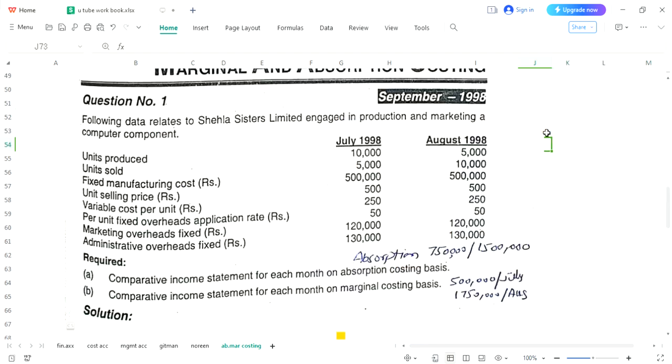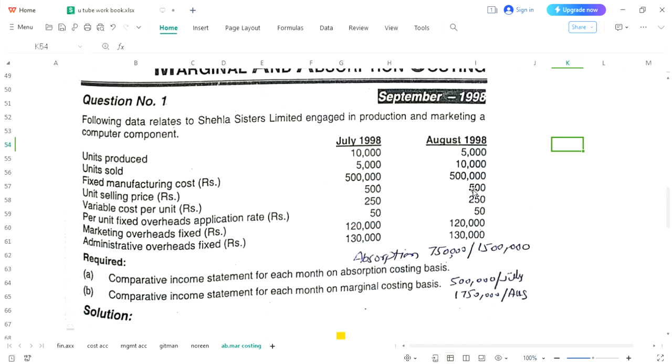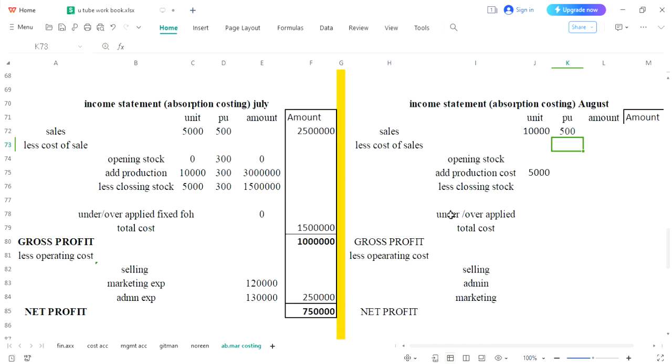Okay, let's go. Fixed cost which will be used indirectly. Unit selling price is 500. So it means 500 would be used over here. Then next, 250 variable cost. Again you will be calculating your total per unit cost.